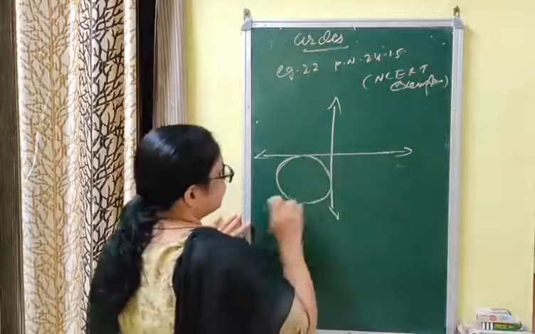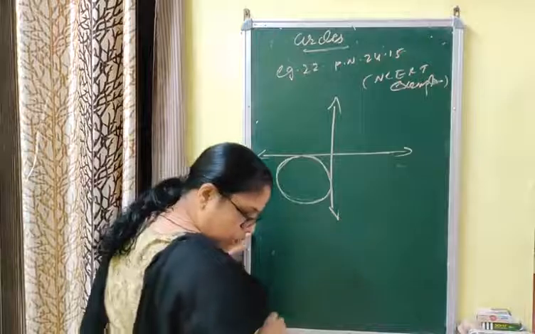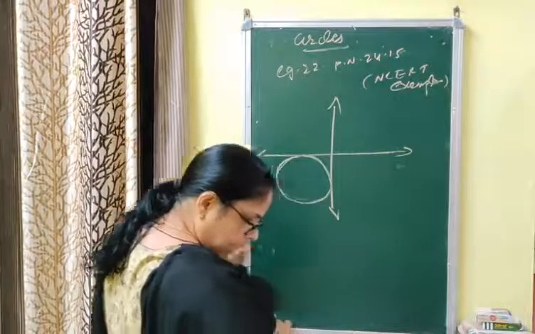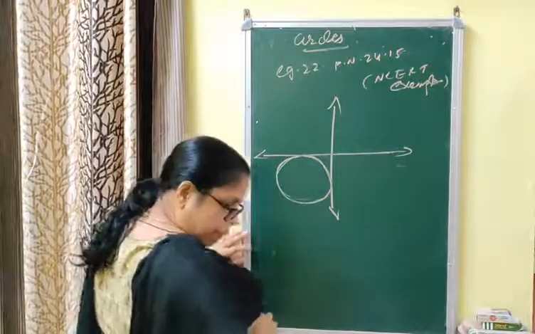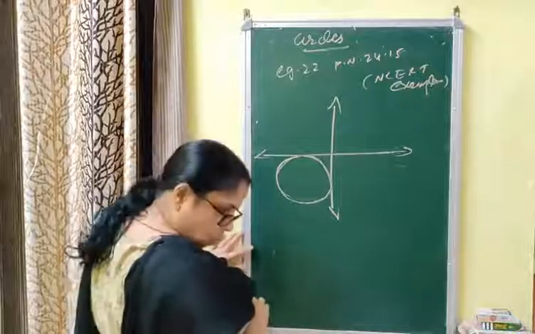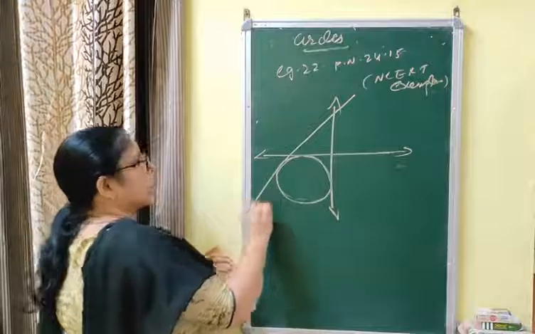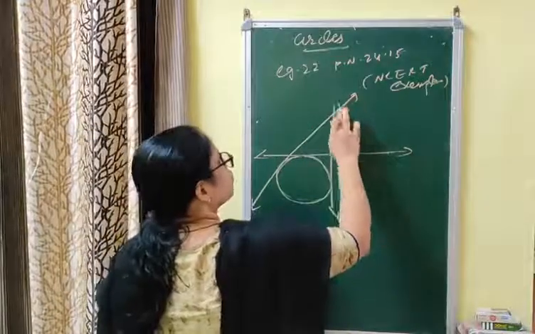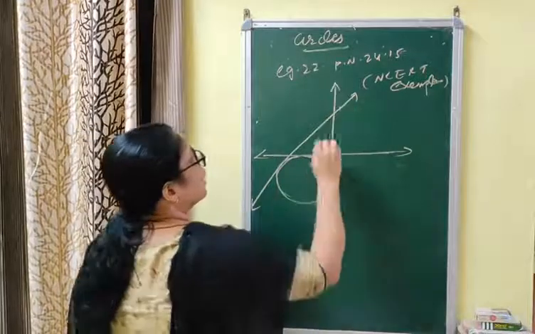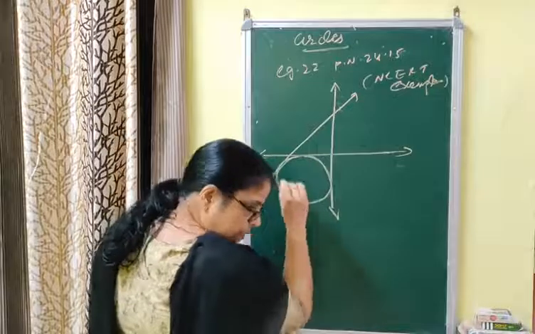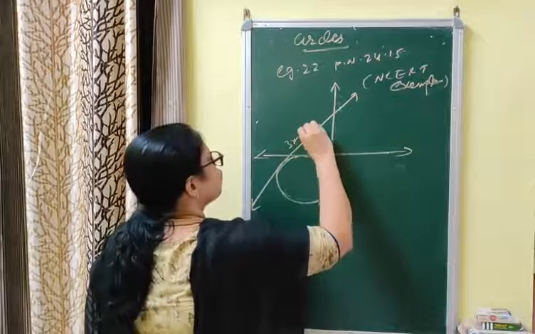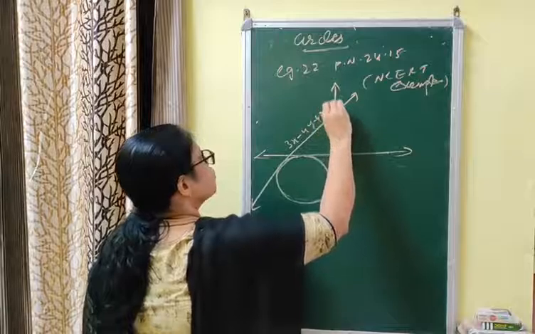This is the circle, and this circle touches the line 3x minus 4y plus 8 equal to 0. The circle is also touching the line. Let me draw a little bit higher, and this line is given as 3x minus 4y plus 8 equal to 0.